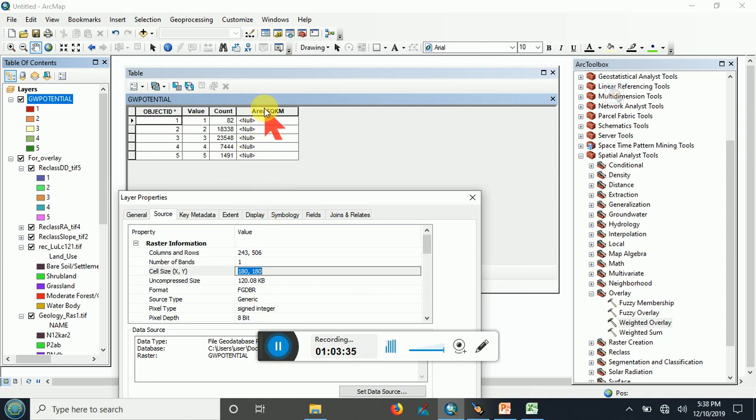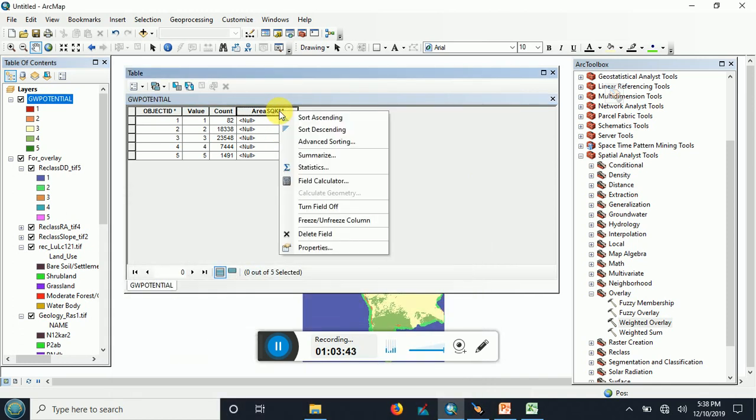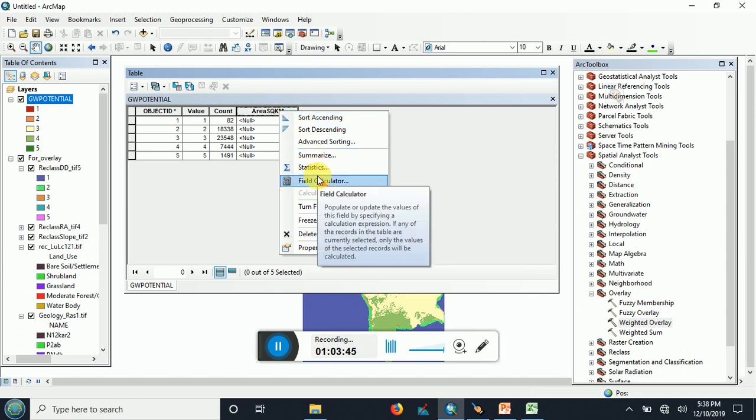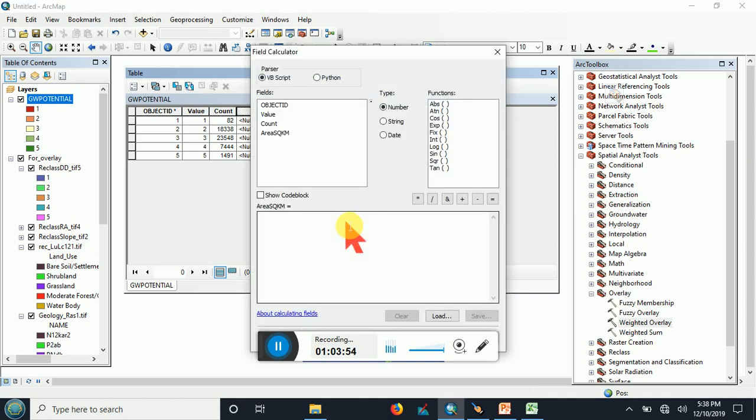To do that, right click on the top of this area in square kilometer field, go to field calculator, and click yes.